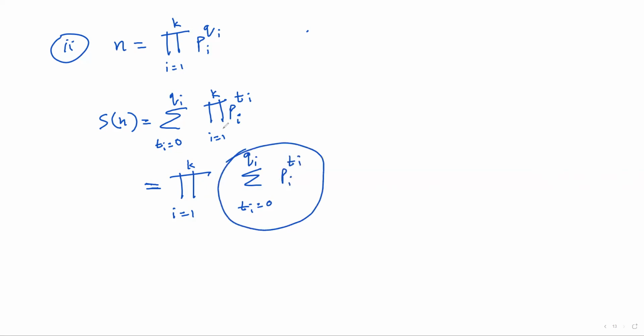Now, this sum for index i was not a very easy series to solve, but here the summation variable is not i but ti, and for ti this sequence, you should understand, we have pi to the power 0 plus pi to the power 1 plus pi to the power 2 up to pi to the power ti. So for the summation variable ti, this is just a geometric progression, right? And what is the sum of this geometric progression?